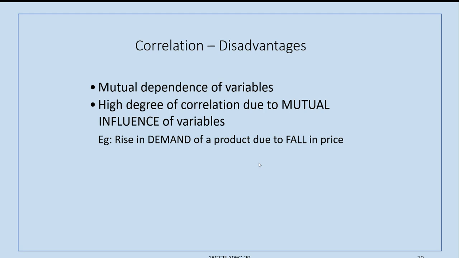So there is a lot of mutual influence, then we cannot study the correlation correctly. If you are doing the things which your friend is saying, then there is no relation. That influence, that relation is not a correct relation, right?